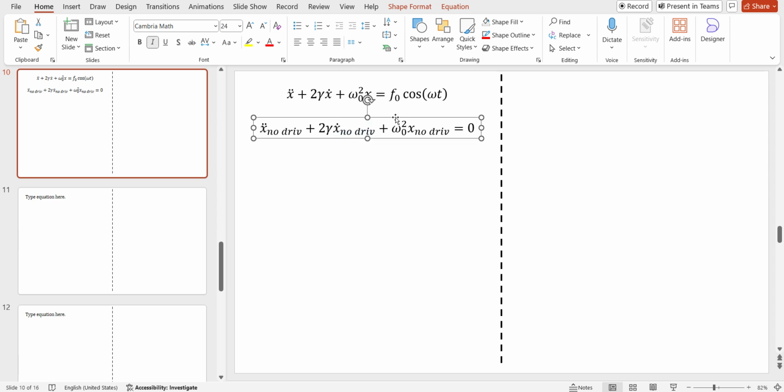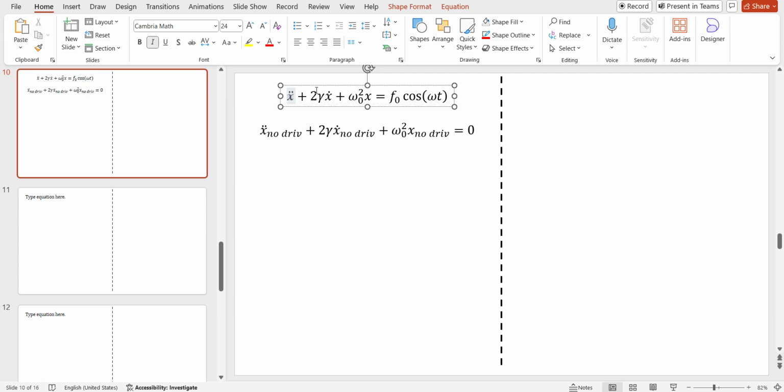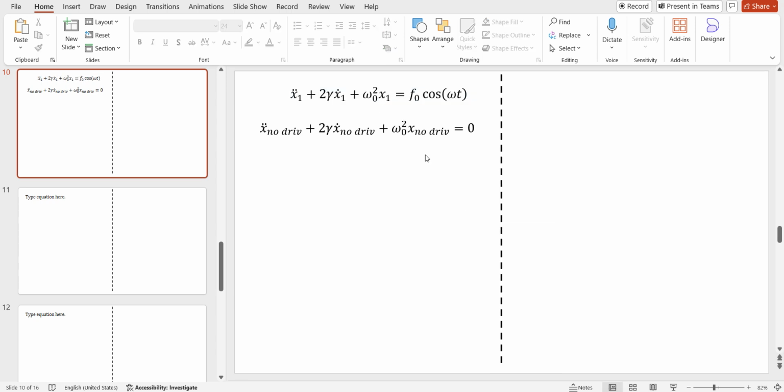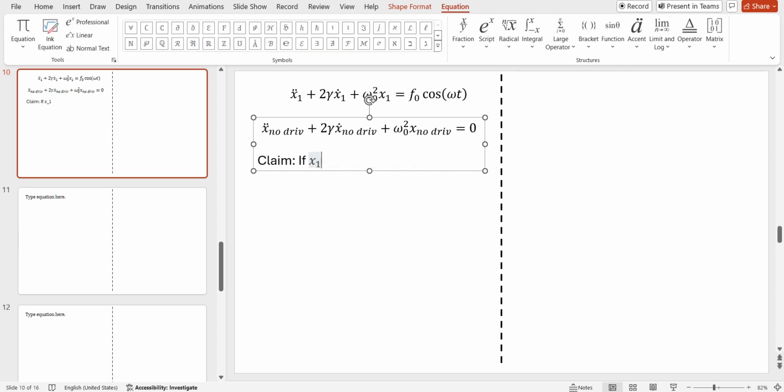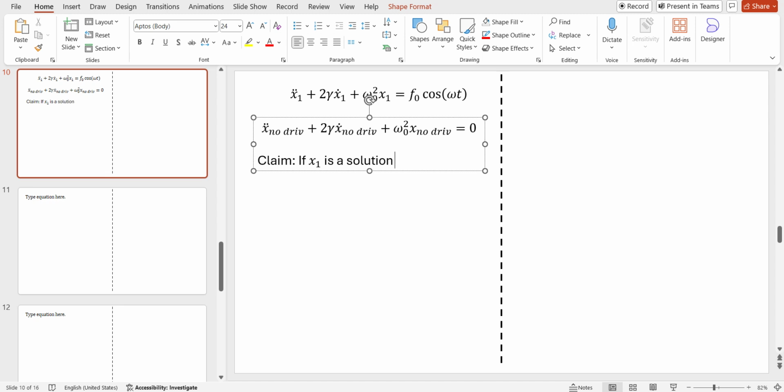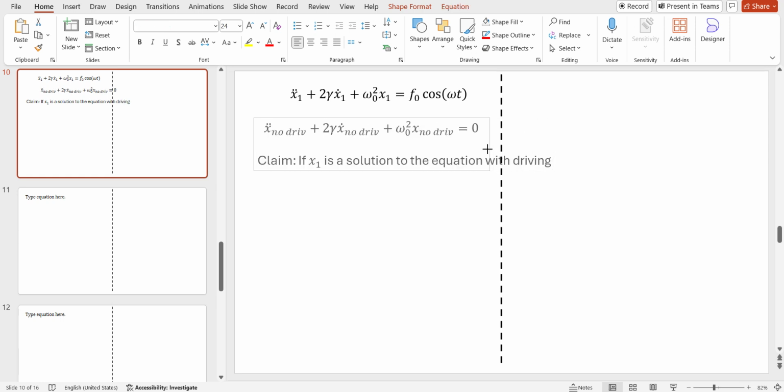However, let's say that I call this x1. Here's my claim. Claim: if x1 is a solution to the equation with driving, which just from having written it here, it is, right? That's what that mathematically means.